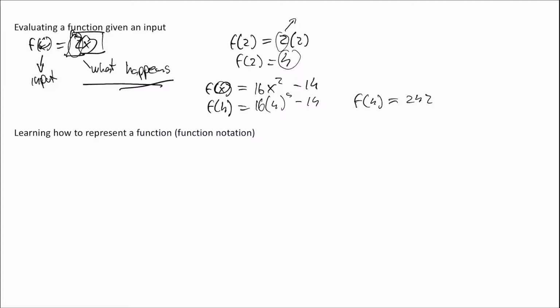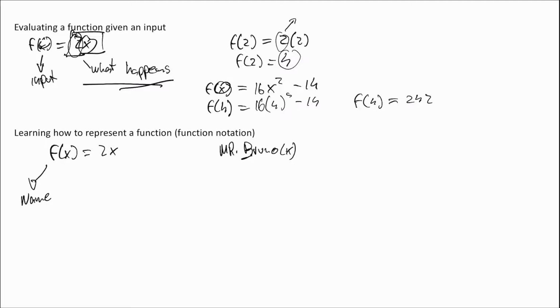So now let's represent a function using function notation. We have to understand here, let's say I have f of x equals 2x. F is just the name of the function. It's a name. So if I want to call it Mr. Bruno x, Mr. Bruno of x, sure, I can do that. But to make it much easier, you call it f of x. You just put any letter.